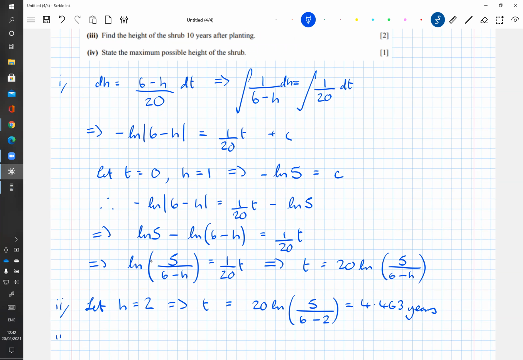Part 3, find the height of the shrub 10 years after planting. Okay, let t equal 10.